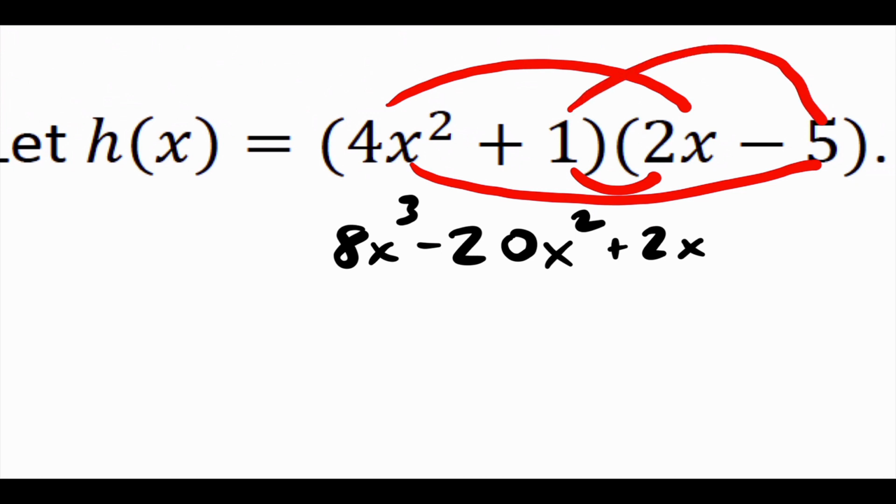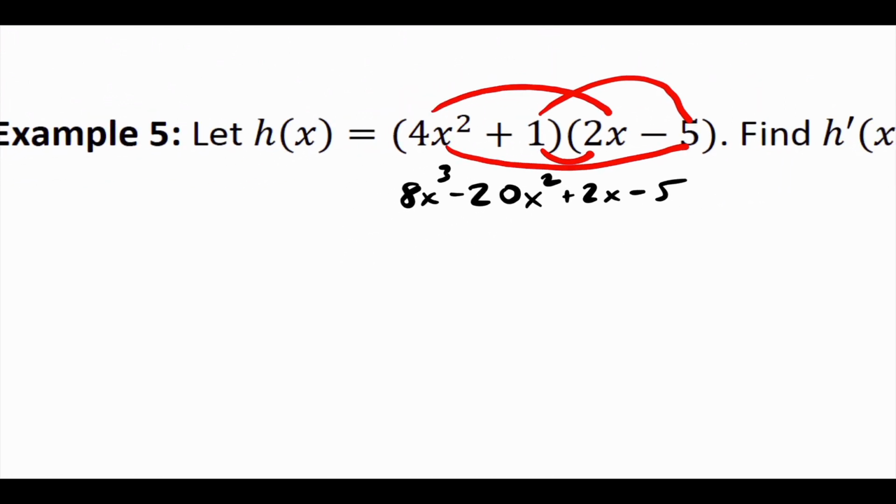Last, negative 5. Right? Combine like terms if you can, but there's nothing we can combine there. All right, so now that's h of x. Same thing, we just multiplied it out, right?